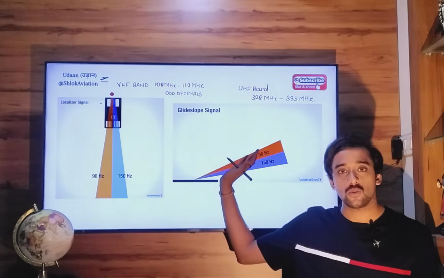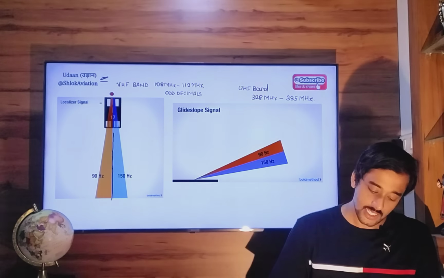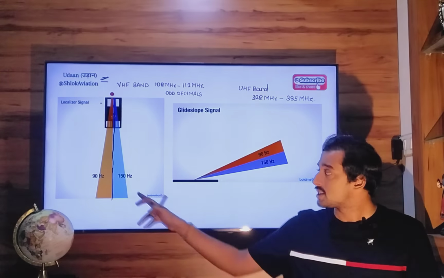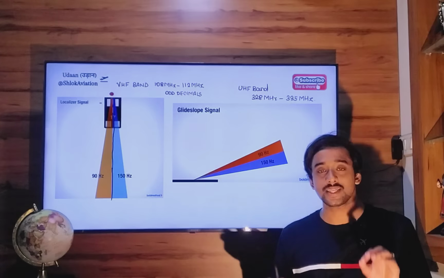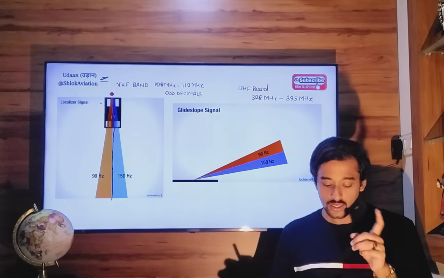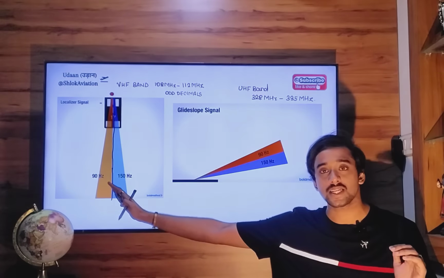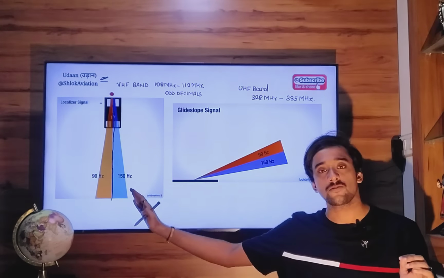Now, if you want to follow the extended center line of the runway, positioned on the center line from start to end, you will have to follow this line, which is the extended center line of the runway. This signifies that both the 90 hertz signal and the 150 hertz signal are received in equal proportion.